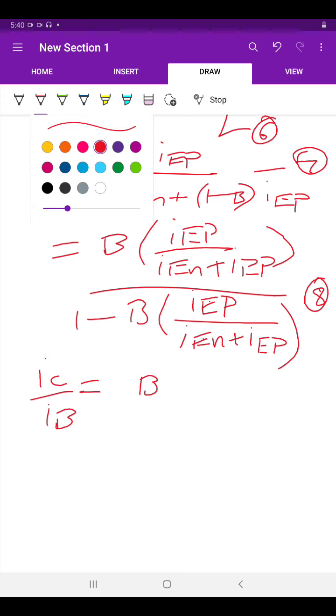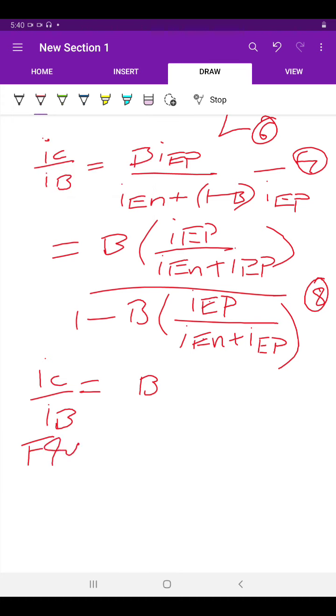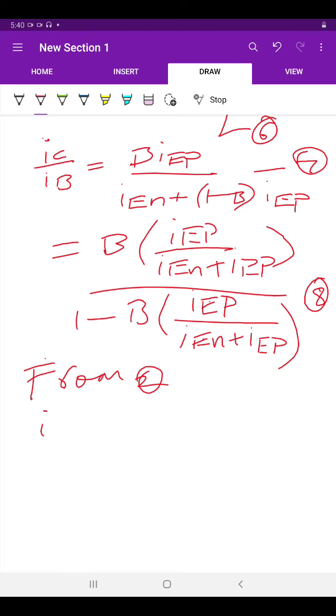So from equation 2, IC by IB is equal to B gamma divided by 1 minus B gamma.